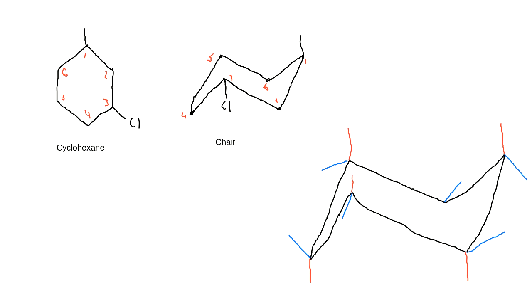Once again, all of the red are axial. And this is kind of quote-unquote a template whenever you draw your own chair structure. And these are your equatorials.